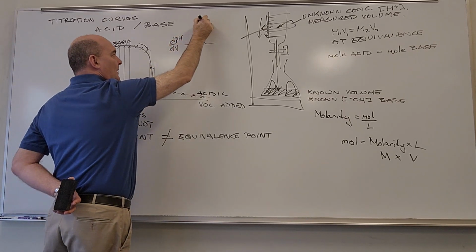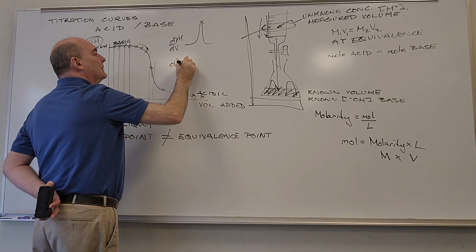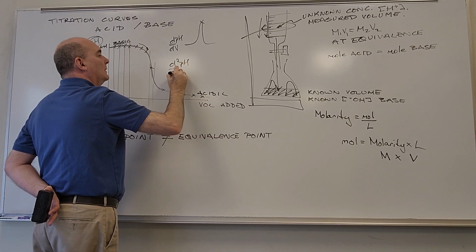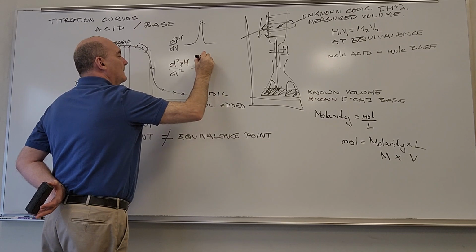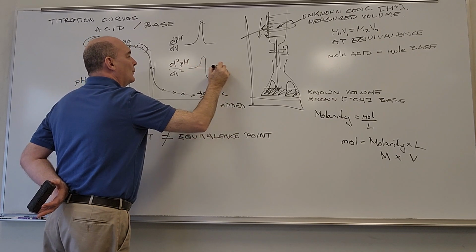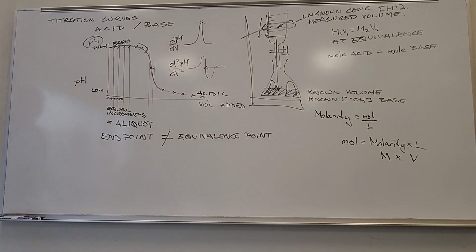I get my turning point where my equivalence is, and if I take the second differential, I get that one, and where it crosses the midline, that's my turning point, that's my equivalence.